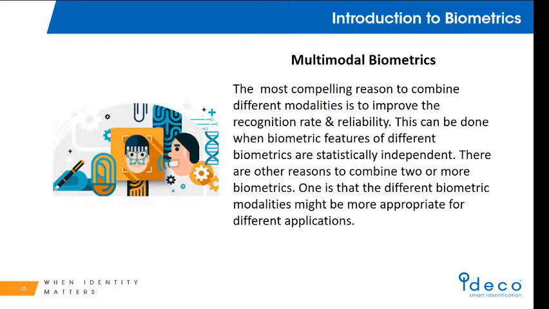And different biometric modalities might be more appropriate for different kinds of applications. If these biometrics are statistically independent, then you can increase the recognition rate and the reliability of biometrics dramatically by using more than one.